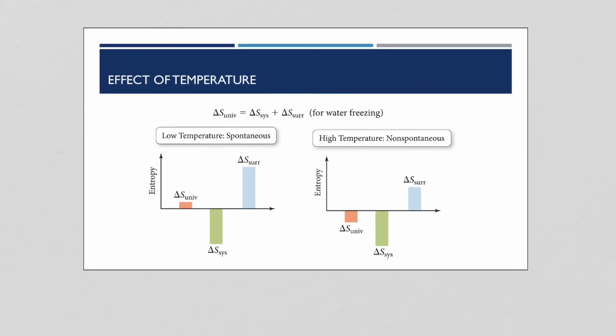So if we look, for example, at water freezing, we know that this isn't spontaneous at all temperatures. Water doesn't freeze at any temperature. It only freezes once you get below 0 degrees, right?